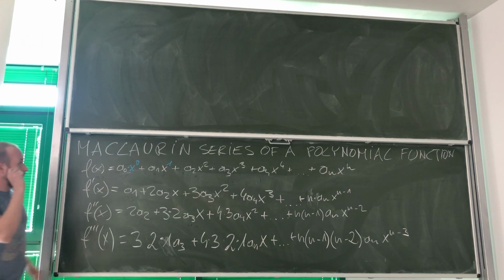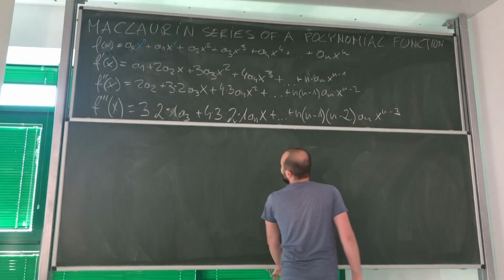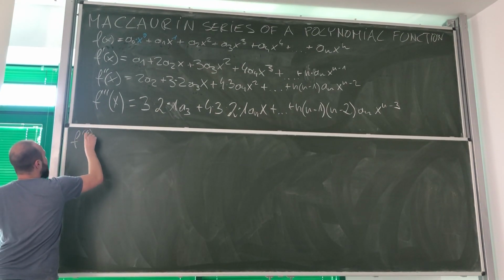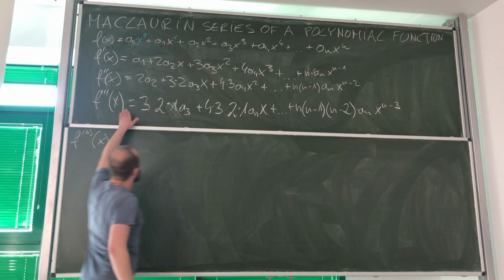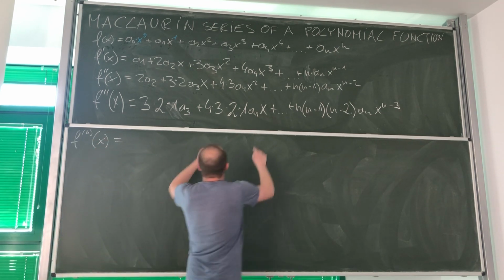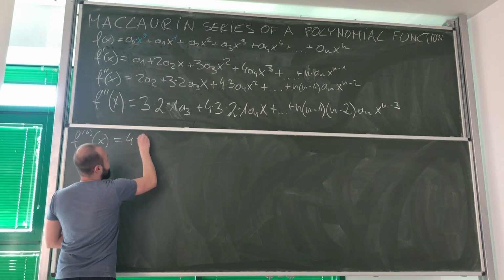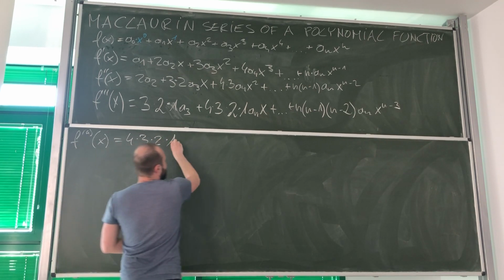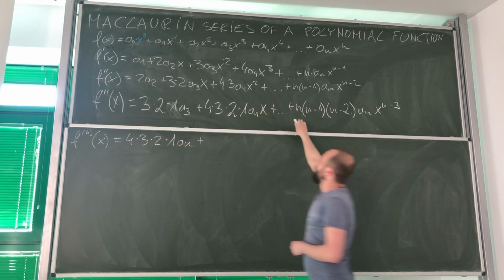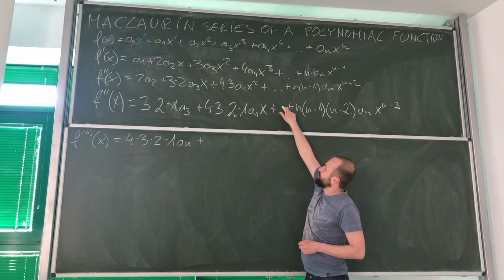Okay, let's carry on. Let's continue with differentiation. Now we're going to take the fourth derivative. So again, we are losing one more component here, of course, this constant that you see over here. And now this is going to be our new constant, right? And what will be the derivative of the expression that would stand over here?